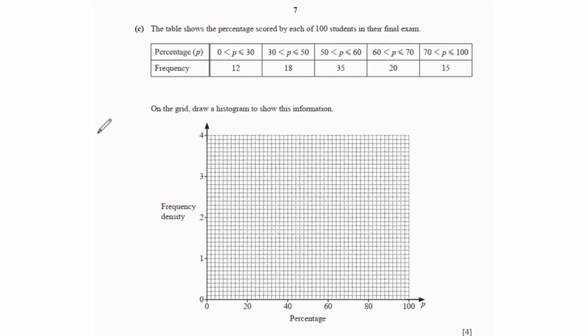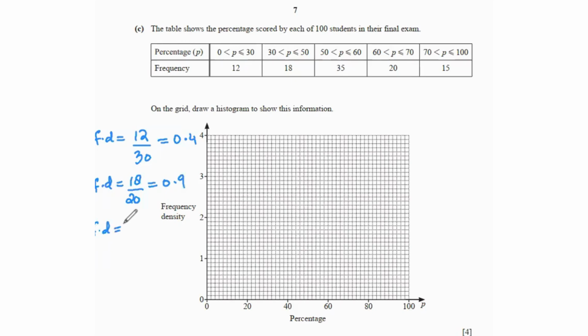So the frequency density for the first one will be 12 over 30. Class width is the difference between the maximum and the minimum value of the class interval. That's going to give us 0.4. And for the next frequency density, that's going to be 18 over 20, which equals 0.9.